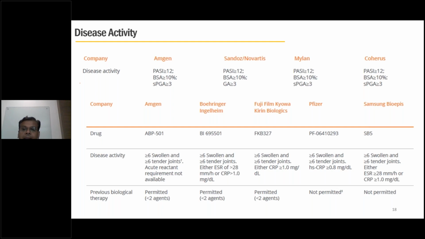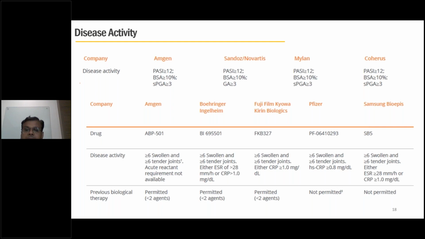And in addition, they are comparing ESR. You could see that there are certain trials comparing CRP, that is C-reactive protein, or erythrocyte sedimentation rate. These are biomarkers, so they give a fair idea about the level of RA, the severity of the disease. Everyone has different criteria with respect to CRP and ESR.